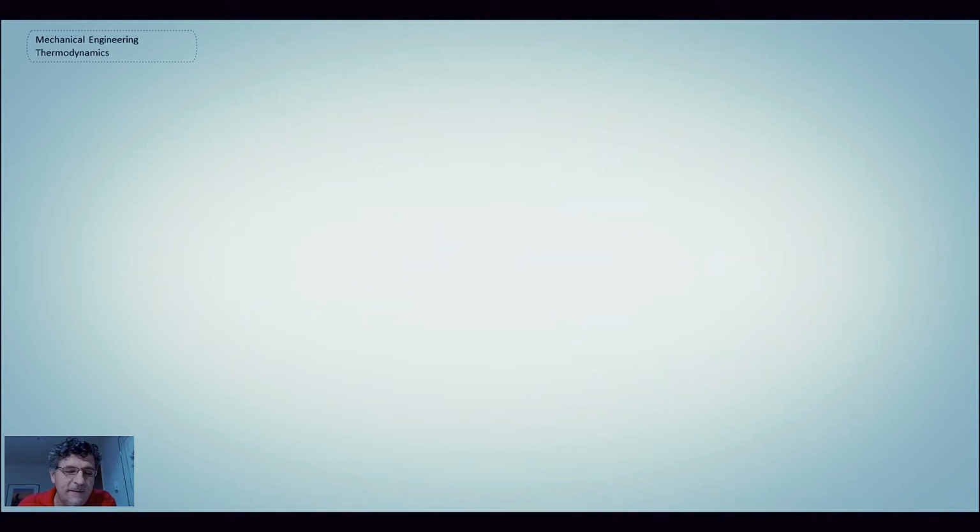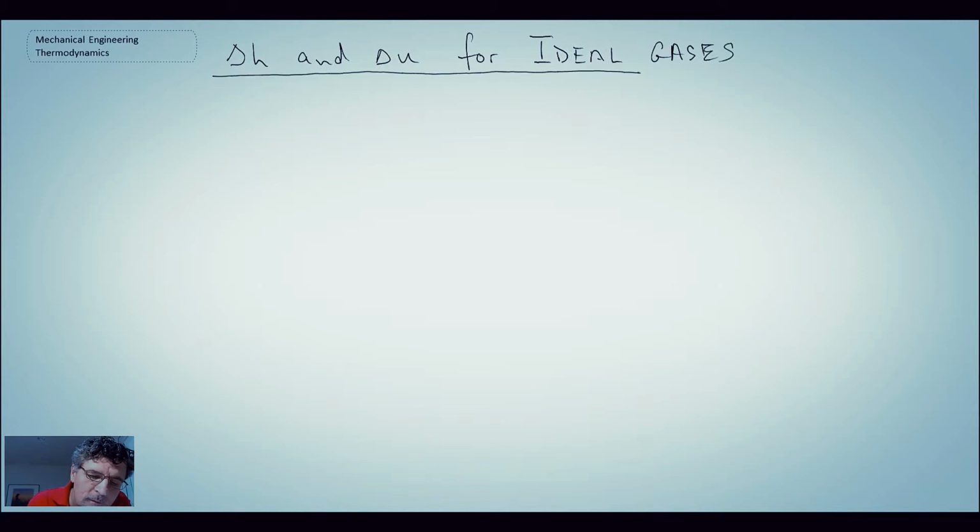Now, with the specific heat at either constant pressure or constant volume, we can use these to calculate change in enthalpy and change in internal energy. And we can do this for ideal gases, which means we're quite a ways away from the two-phase region. The way that we can do this is that both U, internal energy, and H, enthalpy, are functions of temperature alone.